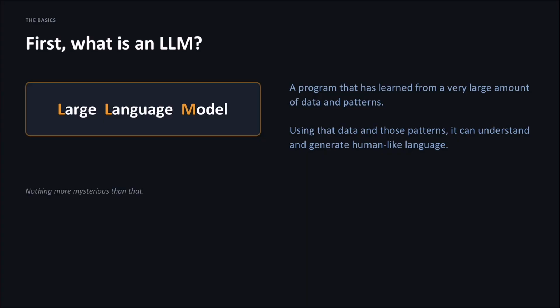The important part to remember is this: it can understand and generate human-like language. And as we learned last time, this language model has been trained on a large amount of data and patterns, which is libraries, books, novels, research papers, websites, URLs, etc.